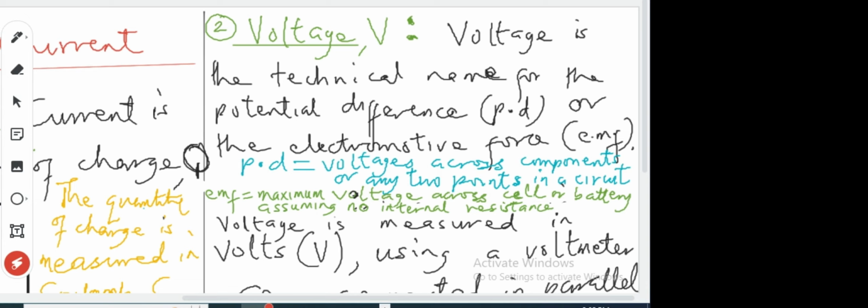The charge could be given a very large push, so we talk about high voltage, or a little push, low voltage. The voltage itself is the technical name for potential difference or the electromotive force. I will define all of this one after the other later when we meet those definitions properly.